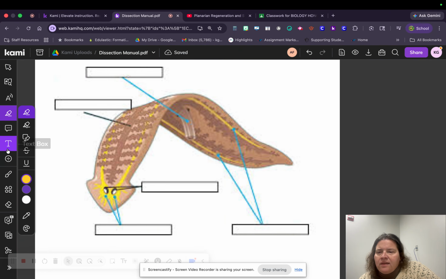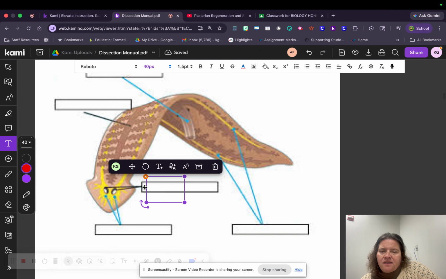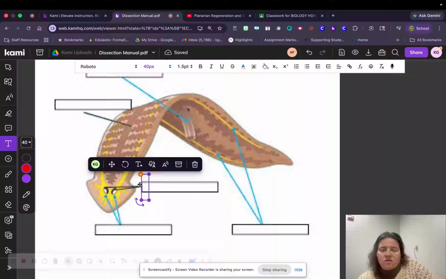All right, so I like to go by system, so it doesn't really matter what system I pick first, but I'm going to pick the nervous system. And these little eye-looking things are called eye spots. Sometimes they're called ocellus or ocelli, but they do not detect images.